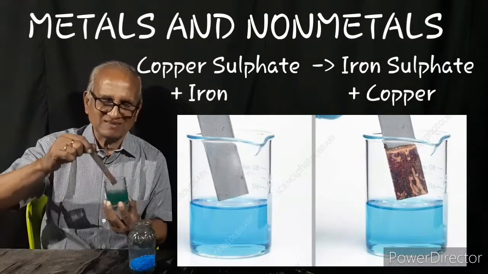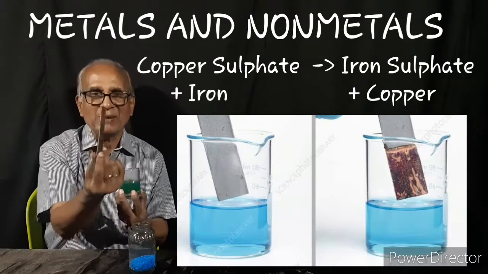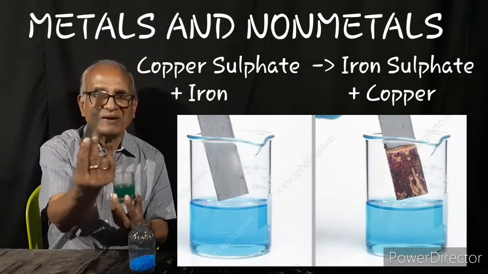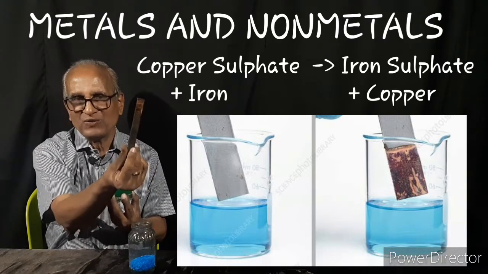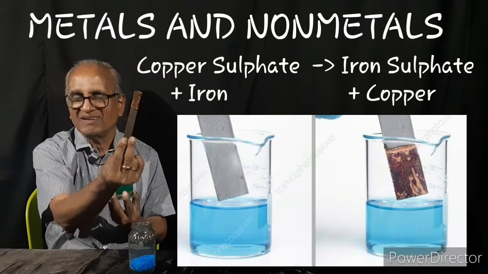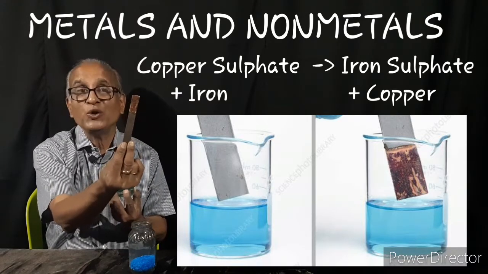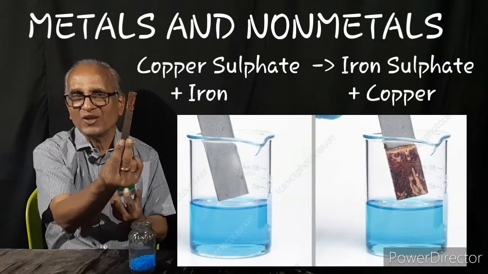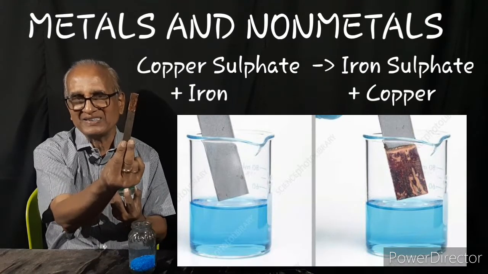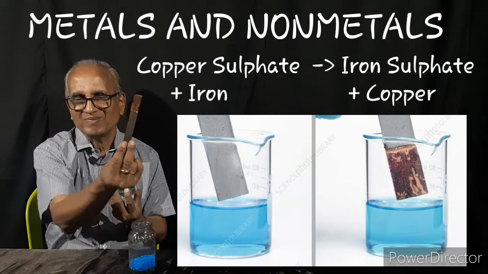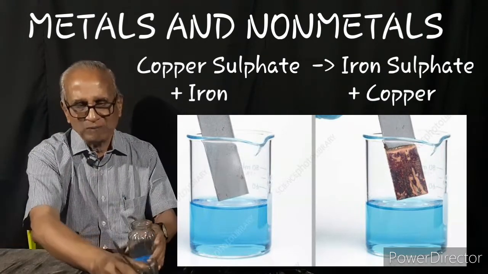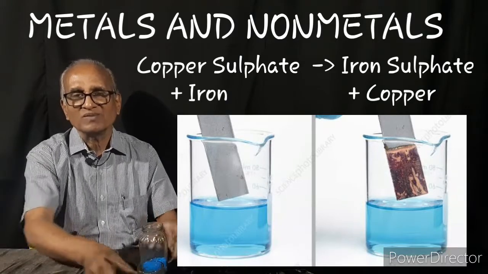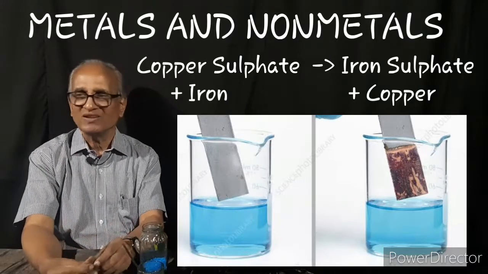Let me take this. You can see patches of copper collected there. Do you see? In that part which was submerged in the copper sulfate solution, you have the copper collected. See, these are the reactions you find in the case of metals.